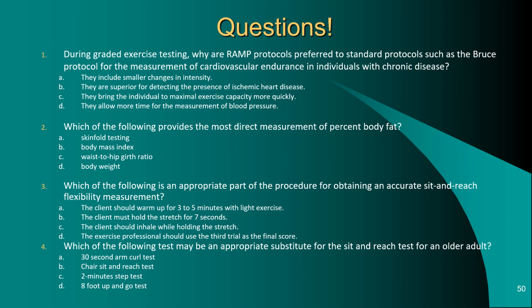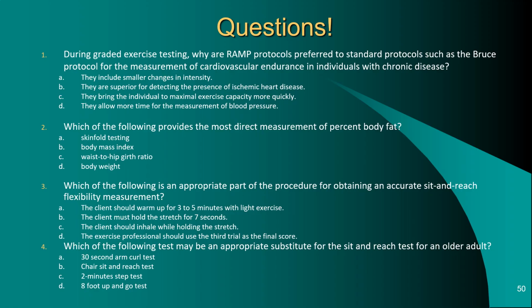And so lastly, some questions here if you stayed with the whole thing, and I'm going to give you the answers. Think about this as we do them. During graded exercise testing, why are ramp protocols preferred to standard protocols such as the Bruce protocol for the measurement of cardiovascular endurance in individuals with chronic disease? So why do we need to modify the Bruce protocol? Think about that. Is it because they include smaller changes in intensity? Is it because they are superior for detecting the presence of ischemic heart disease?